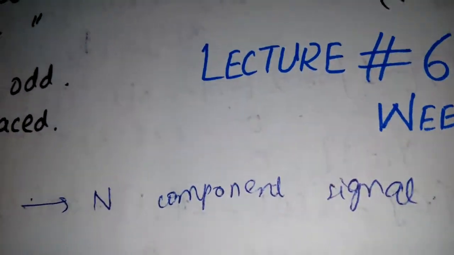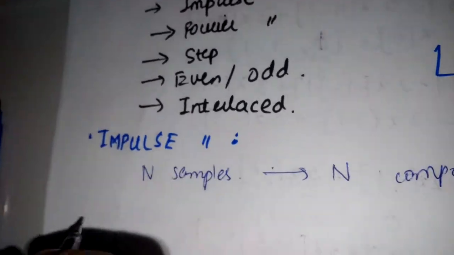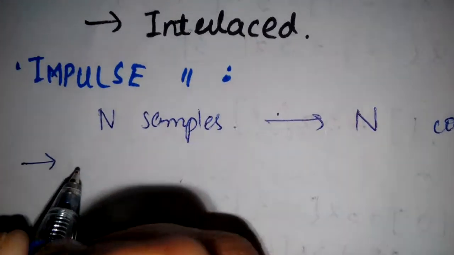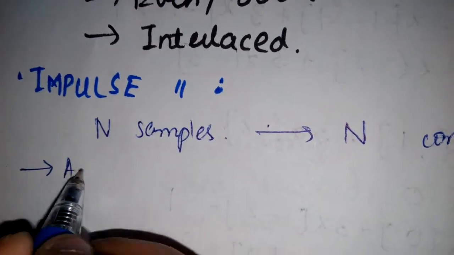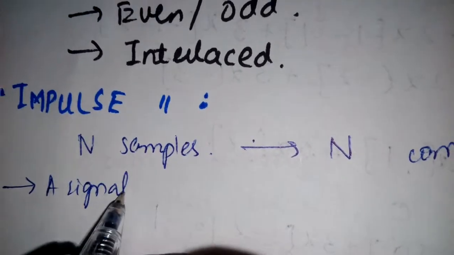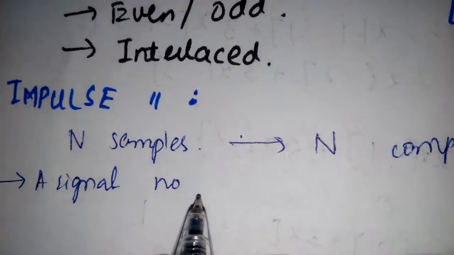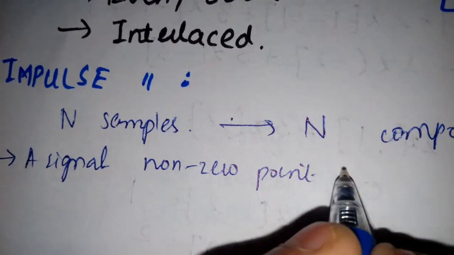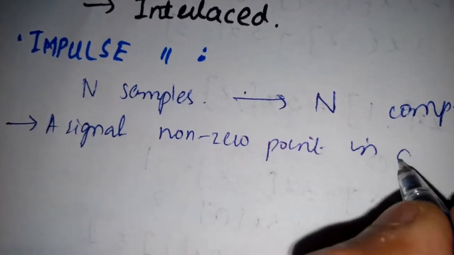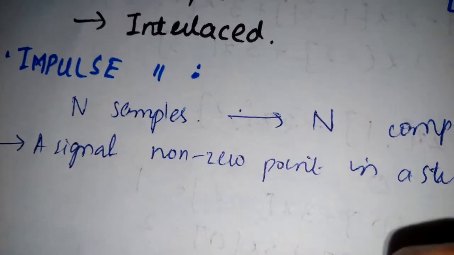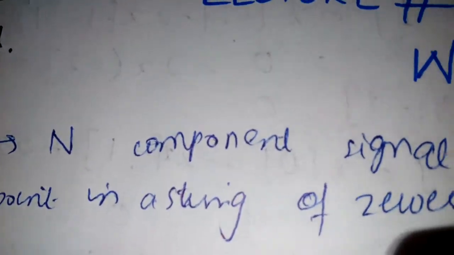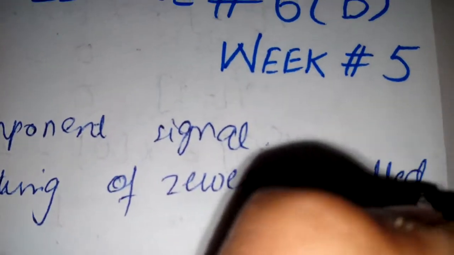Each of the component signals contains 1 point from the original signal, with the remainder of the values being 0. A single non-zero point in a string of zeros is called an impulse.